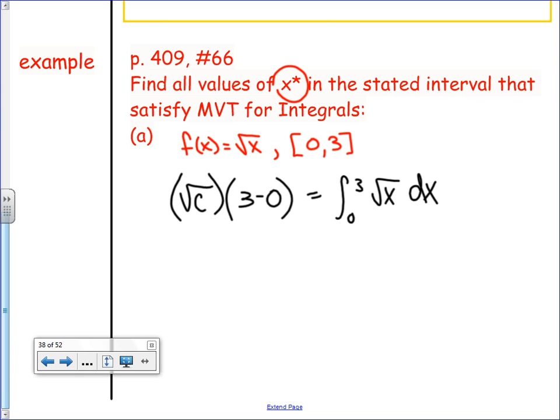Because square root of x is the same thing as x to the 1/2. And x to the 1/2, I can do that. I just add 1, divide by, right? So 1/2 plus 1, 1/2 plus 2 over 2? 3 halves. So I have my 2/3, I have my 3 halves. I'm finding it from 0 to 3. Ooh, I need to solve that definite integral, right? Yes. What am I really trying to find?